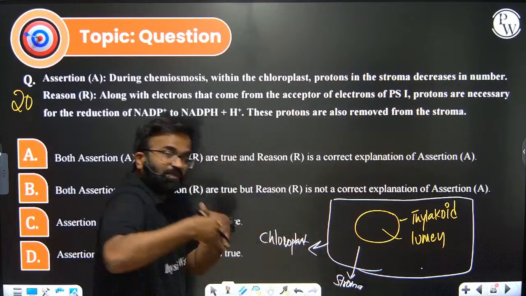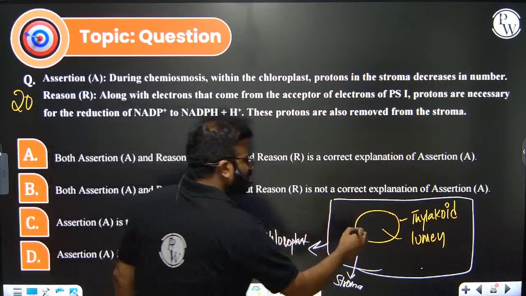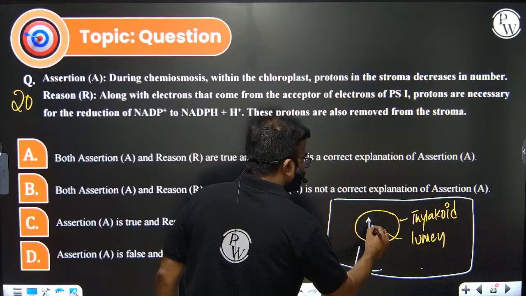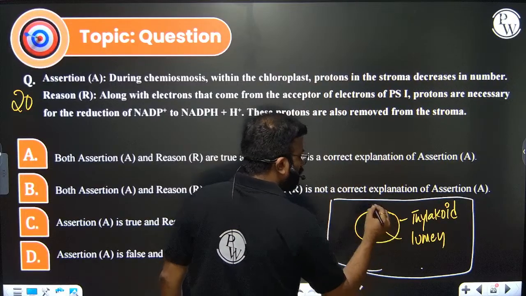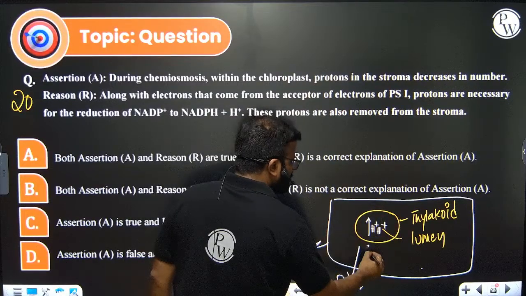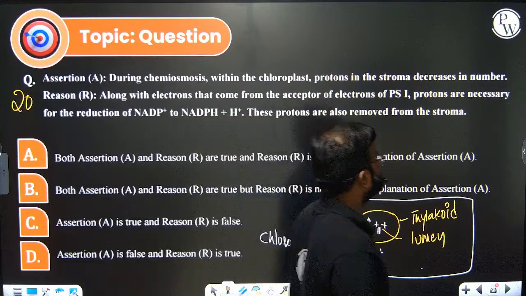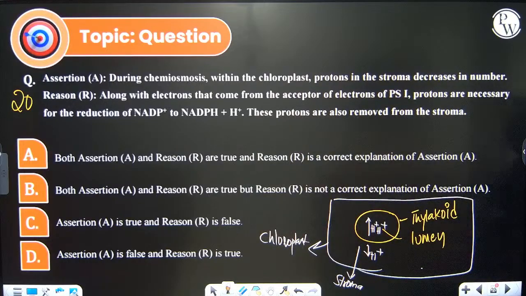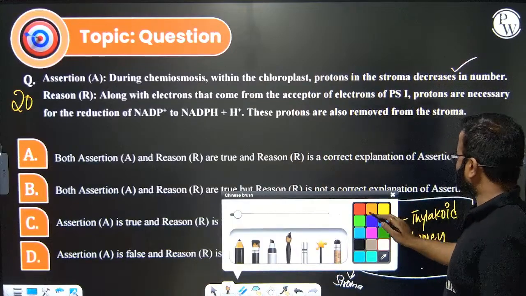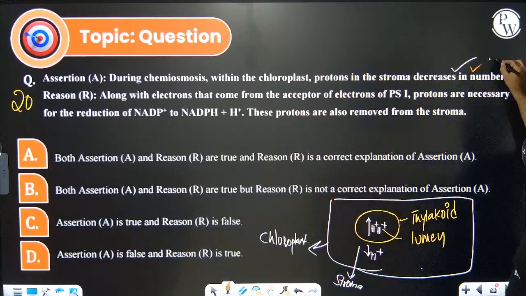So by any means, we need to increase the proton gradient within the lumen of the thylakoid. So obviously, within stroma, the proton gradient is comparatively less. So the assertion as a statement is true.